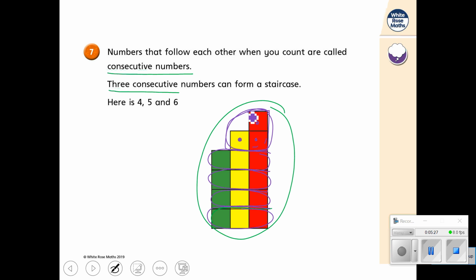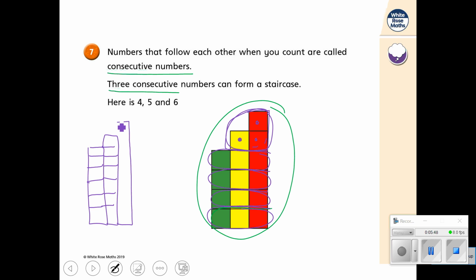I'll draw you another staircase. I'll draw this one, which has got 1, 2, 3, 4, 5, 6 in it. I'll draw another one, which I'll make with 7. So 1, 2, 3, 4, 5, 6, 7. And I'll draw another one with 8. 1, 2, 3, 4, 5, 6, 7, 8.